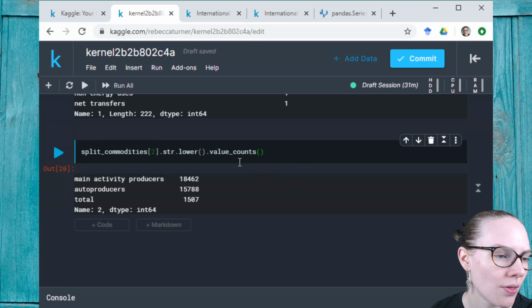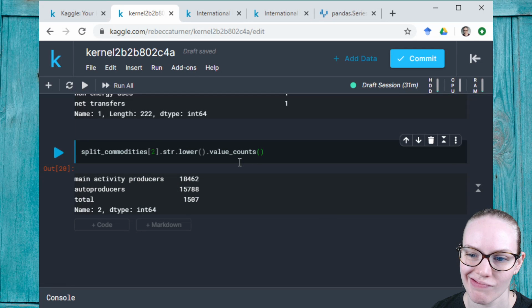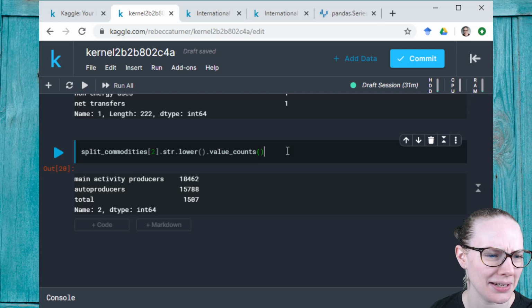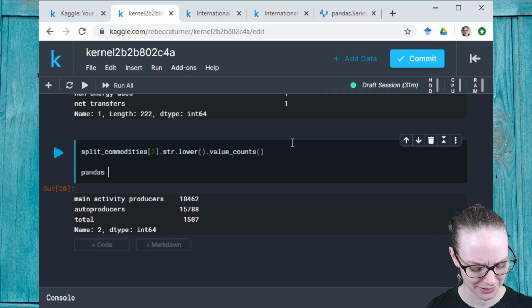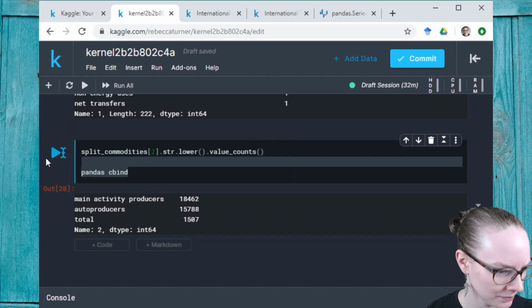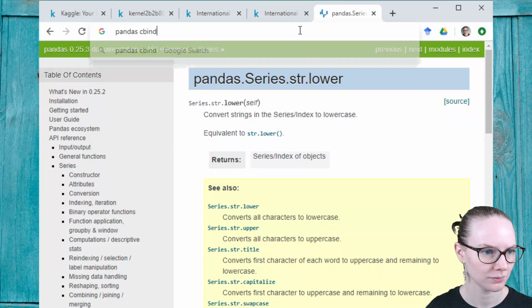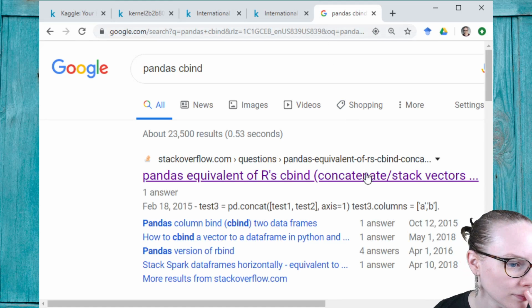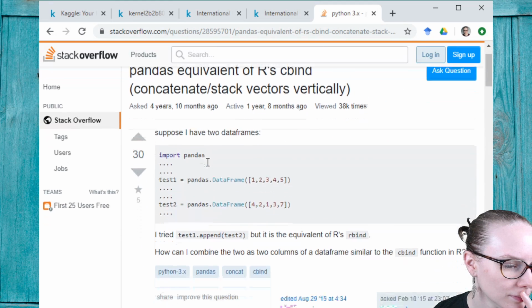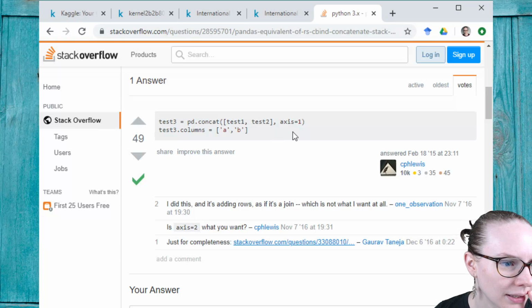So how do you cbind in pandas? Pandas cbind. Concat axis 1. Okay, excellent.